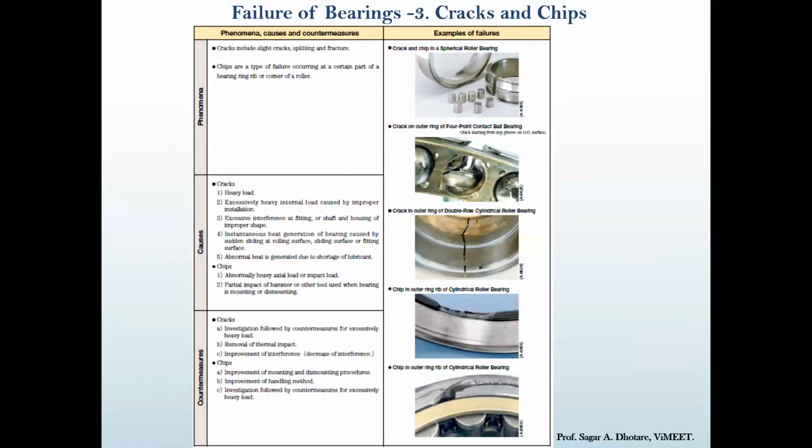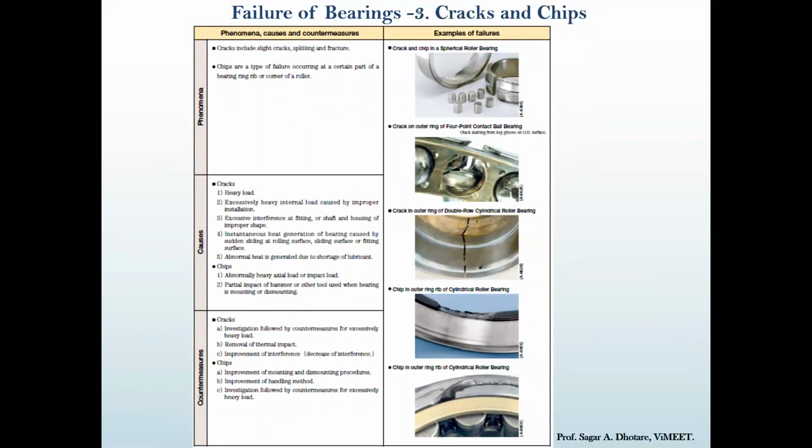Chipping is a type of failure that occurs at a certain part of the bearing rib or a corner of a roller. If it is not properly mounted or properly aligned, because of mismounting or misalignment, chips can occur.